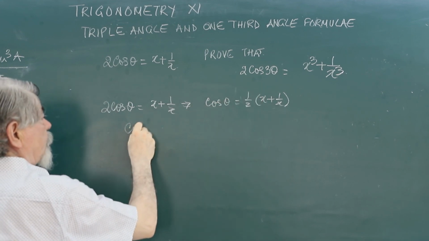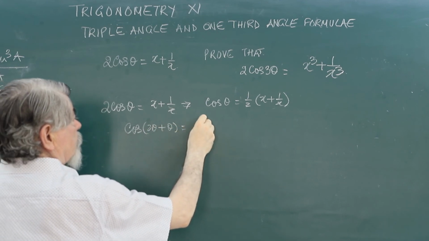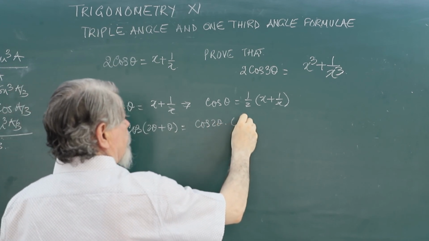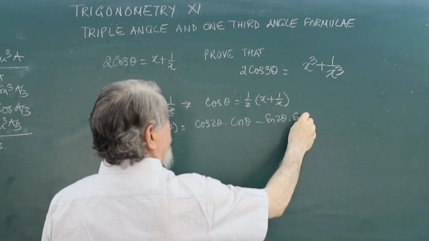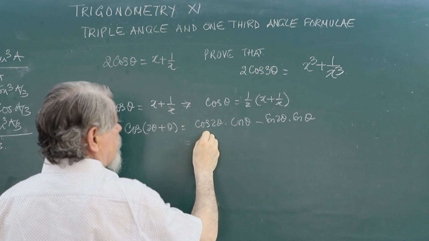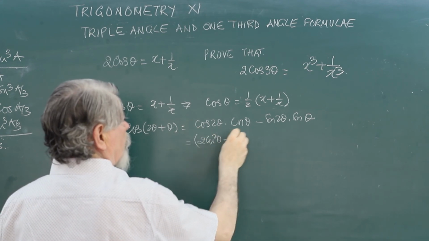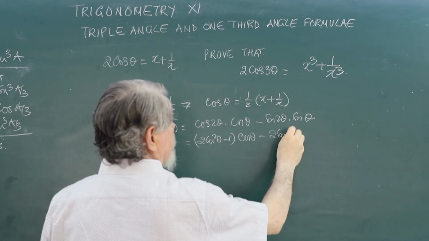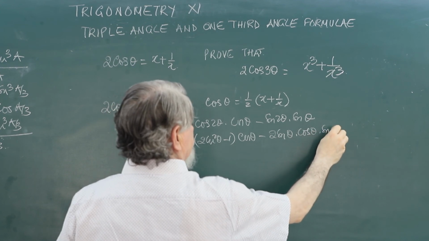Cos 3 theta, you know, is cos of 2 theta plus theta. Cos A cos B minus sin A sin B: cos 2 theta cos theta minus sin 2 theta sin theta. Again I am deriving the formula, though it is written there. Cos 2 theta you can write as 2 cos square theta minus 1 into cos theta. Sin 2 theta I am writing as 2 sin theta cos theta, and sin theta.